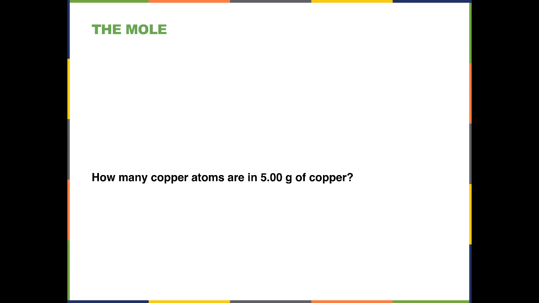How many copper atoms are in 5 grams of copper? Now this requires 2 steps. You cannot take 5 grams of copper and know how many atoms are in that by any single operation. The first thing you have to do is say, well, I know how many atoms are in a mole of copper, so I need to convert this to moles of copper.